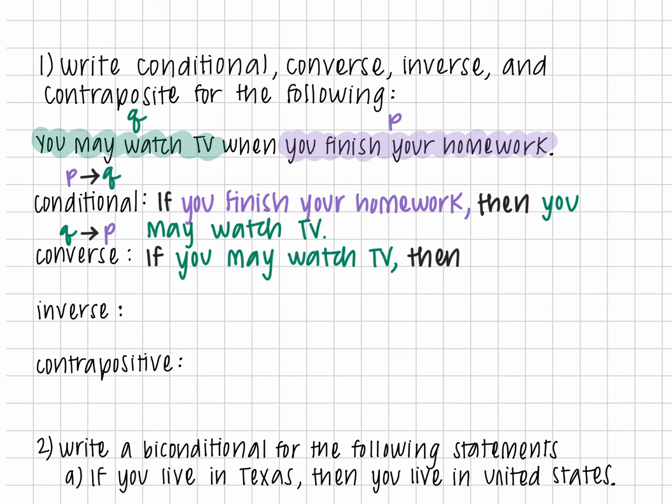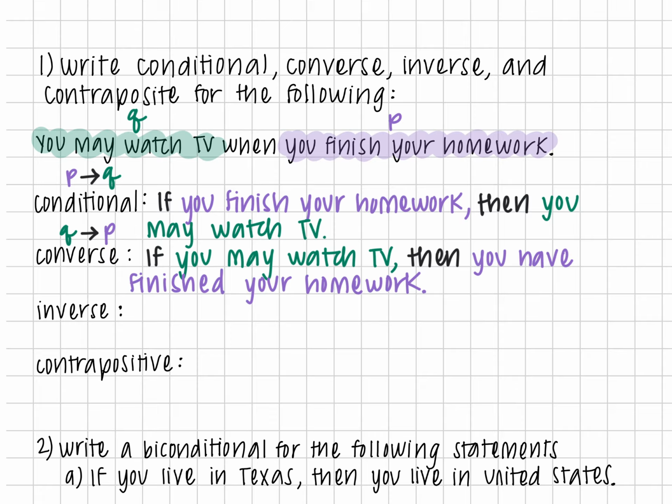Then, and picking up with the hypothesis of the original, we will have, then you've finished your homework. All right, so that's our converse.